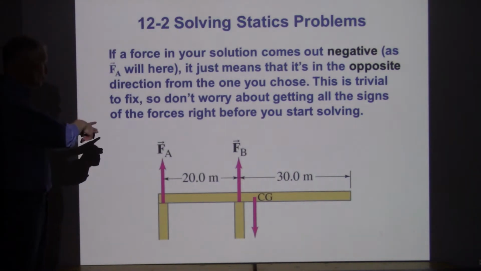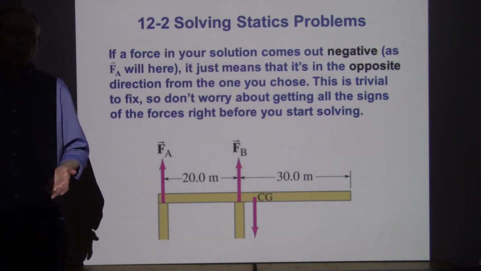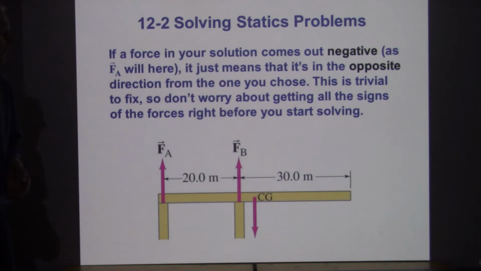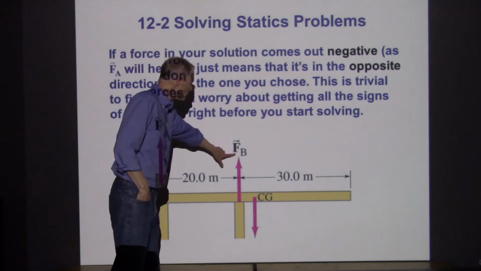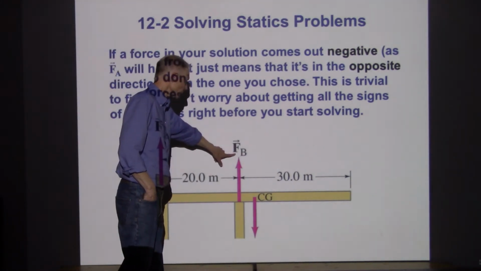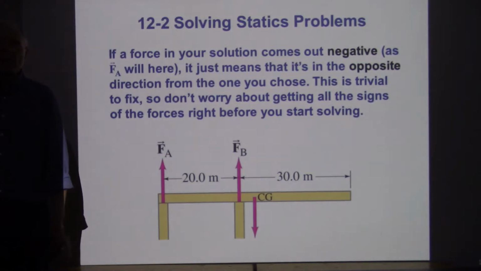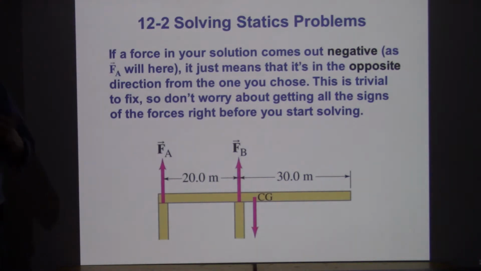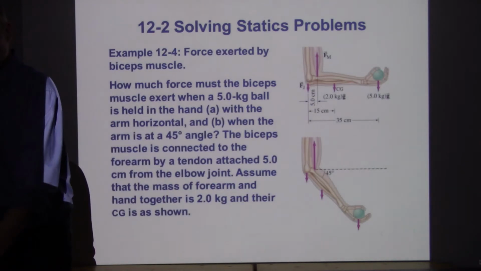But if you mistakenly drew the force in the wrong direction, the mathematics will save you. Because what will happen is, if you set up the diagram this way, FD turns out to be a positive number, which means you correctly picked the direction. But FA will turn out to be a negative number. And the negative sign just tells you you got the diagram backwards. The force is placed opposite to where it really is. And it's not a big deal, right?